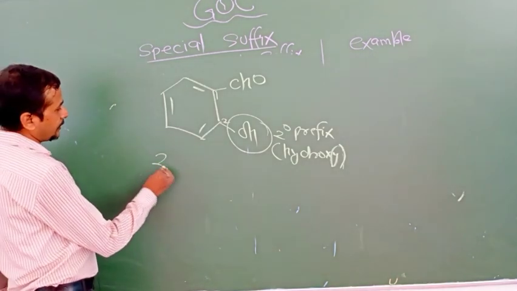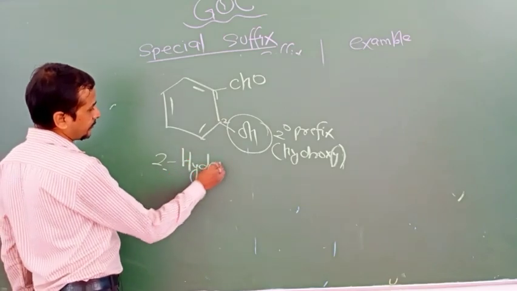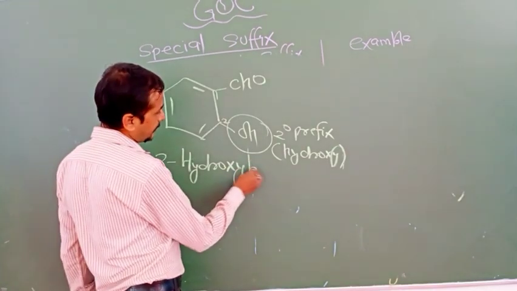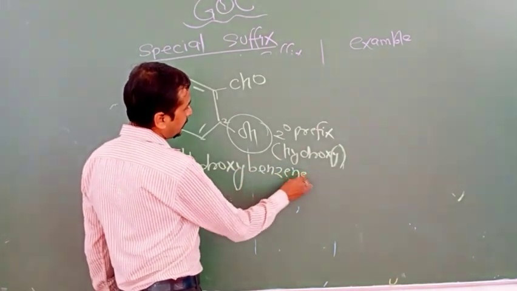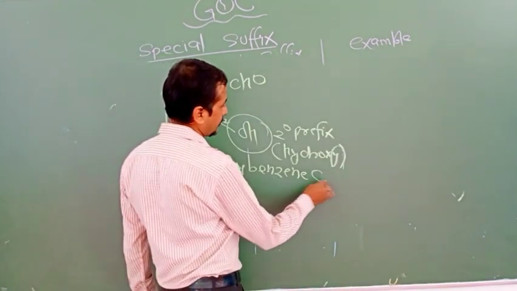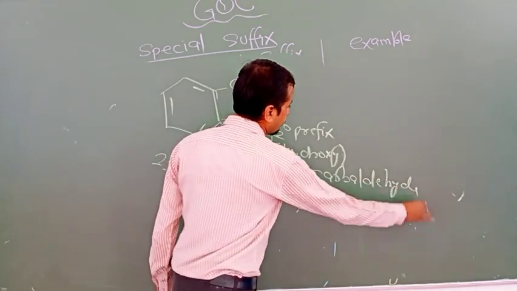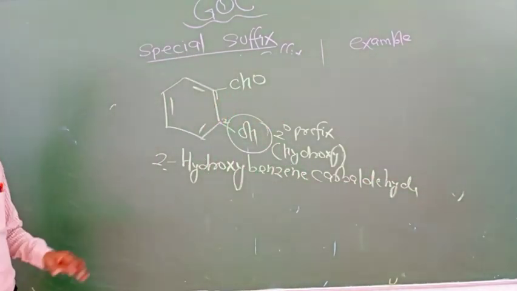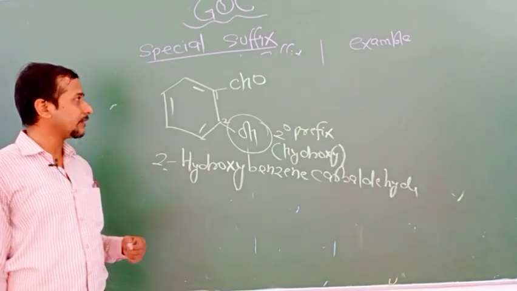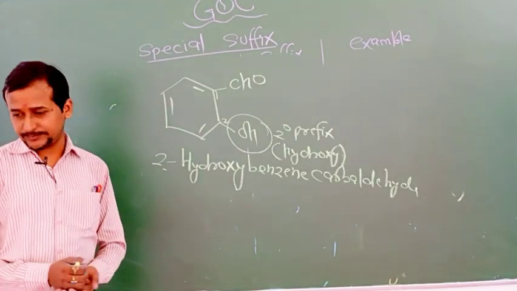Now you can write 2-hydroxy, the name of benzene, and you have to add the word carbaldehyde for CHO. So this is basically the name of this chemical using the special suffix for this type of group which is attached directly to the benzene ring.